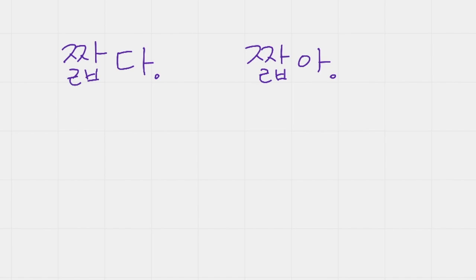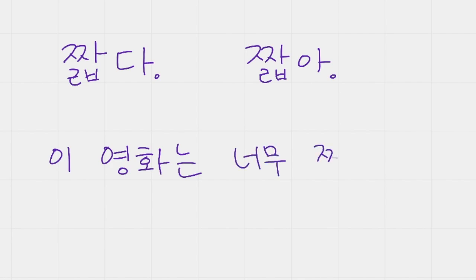Sentence. This movie is too short. This movie, 이 영화. And we can say as for this movie. So using topic particle, 이 영화는 very short. Too short. 너무 짧아. Casual. 이 영화는 너무 짧아. Okay.